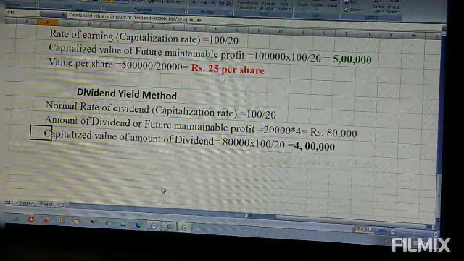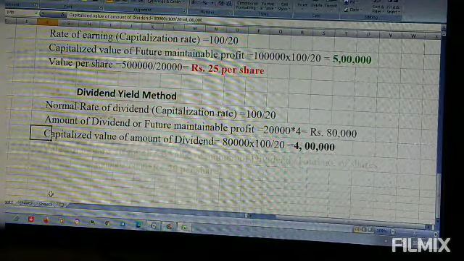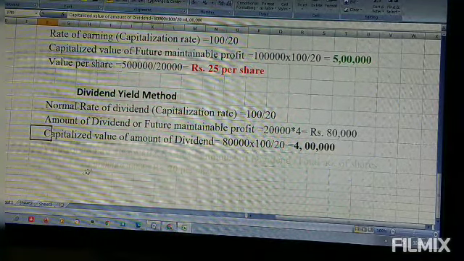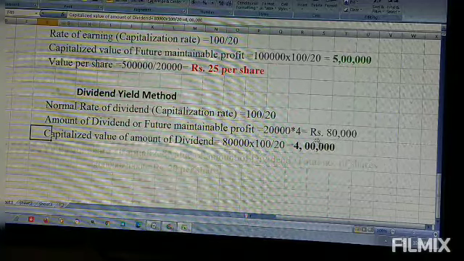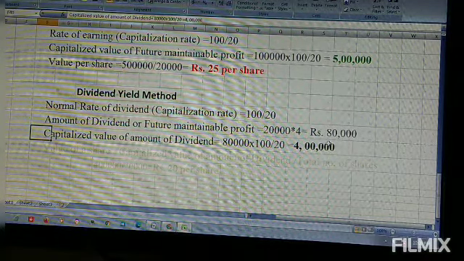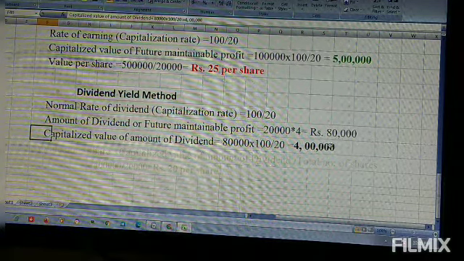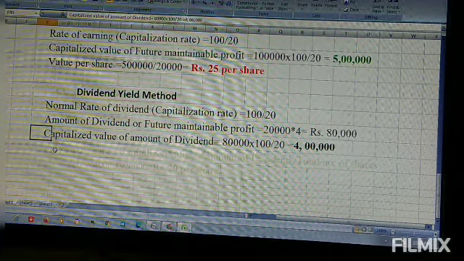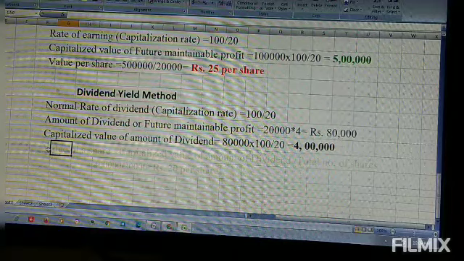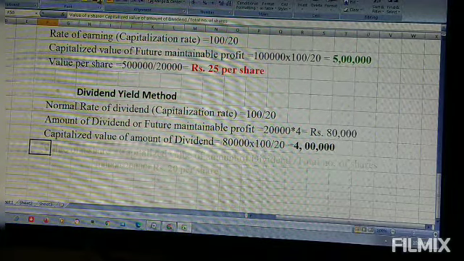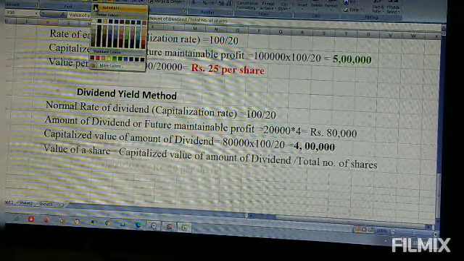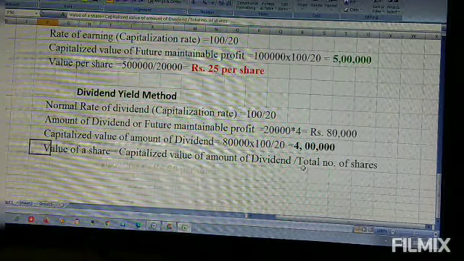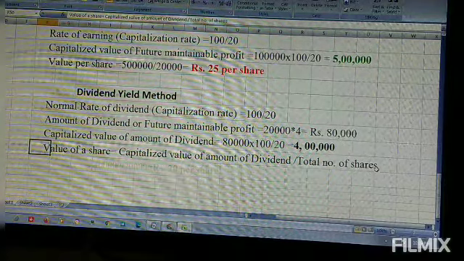Now we have to find the value of share as per the dividend yield method. Value of shares equals capitalized value of amount of dividend divided by total number of shares.